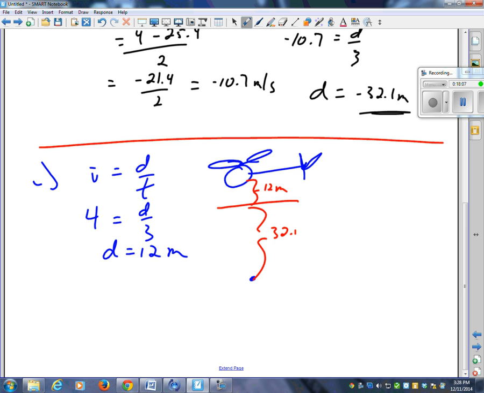The helicopter rises 12 meters, the rock falls 32.1. You really just want to know how far apart they are in the end: 44.1 meters.